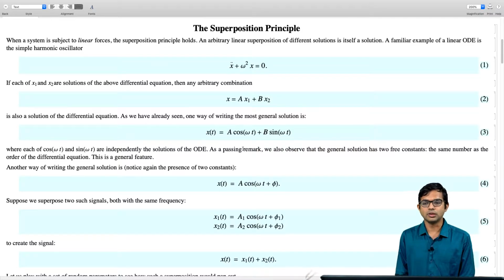A familiar example of a linear system is a linear ODE, which comes from the simple harmonic oscillator, right? So we know that in such a system, if x1 and x2 are two independent solutions of such a differential equation, then an arbitrary combination of these two solutions, like a times x1 plus b times x2, is also going to be a solution of such a differential equation, right?